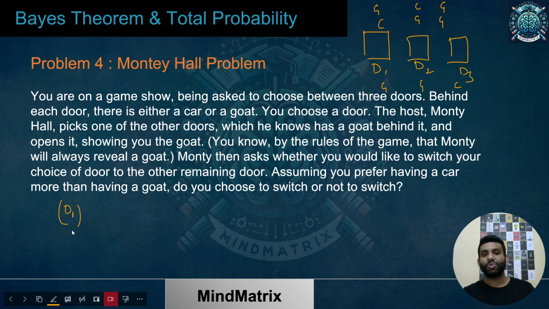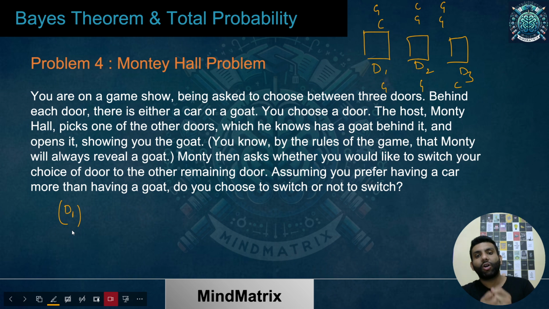He will open one of the other two doors, either D2 or D3, and show that there is a goat behind it.